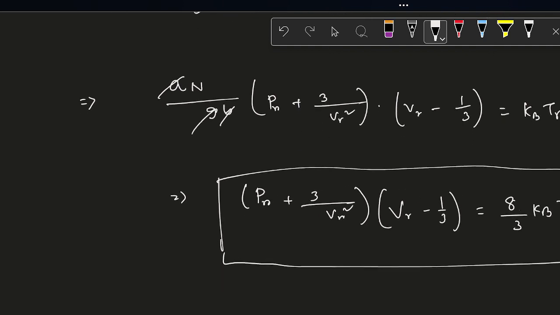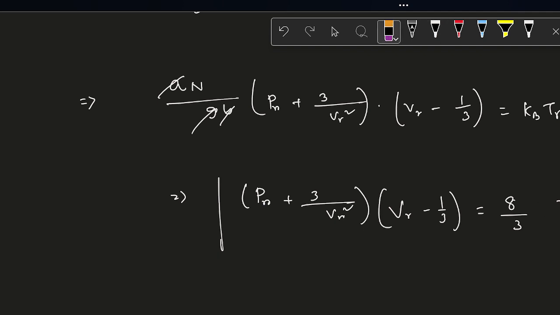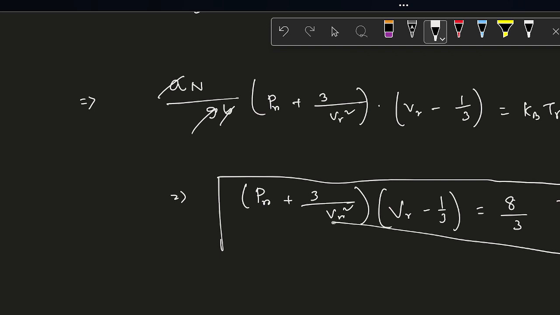Also, mostly in this lecture series KB, the Boltzmann constant, is taken to be 1 for simplicity. So KB is taken as 1. The actual value is not 1, but it is ignored for the simplification of the equation, so you can just ignore that. Okay, so finally this will be your reduced equation of state.